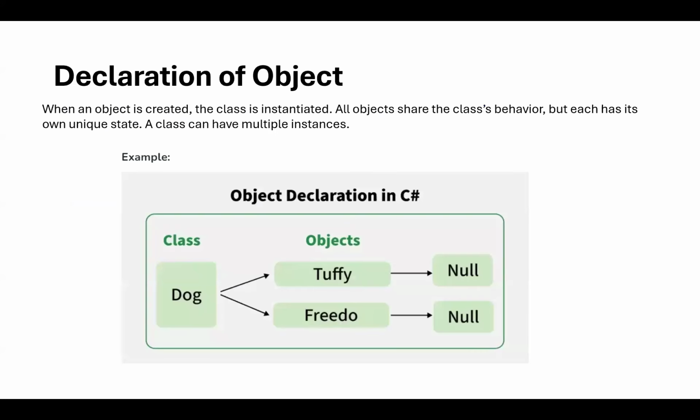So if you return back to our example with dog, when an object is created, the class is instantiated. So we create an object from the class, and we provide memory space for the object, because, for example, our object has some properties. Each property is some variable with some data type, for example, string, boolean, integer, and so on.